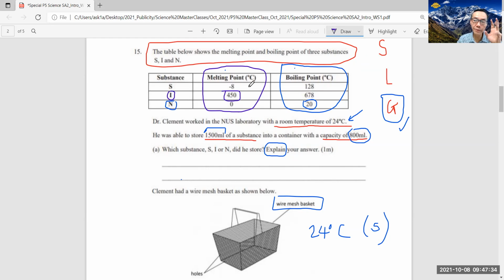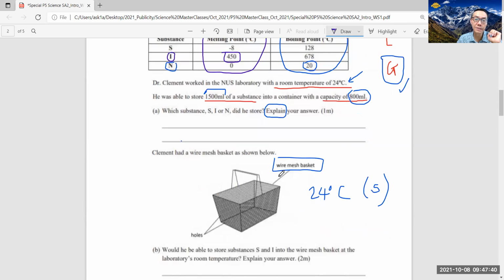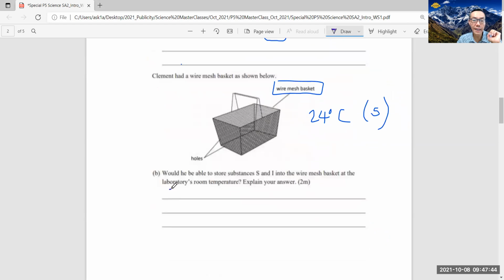The other two have melted. S will have melted, N also melted. So for this question, you will only be able to store I. So what's the reason? I give you 30 seconds to think through how to write, and then I will share my answers to you all.